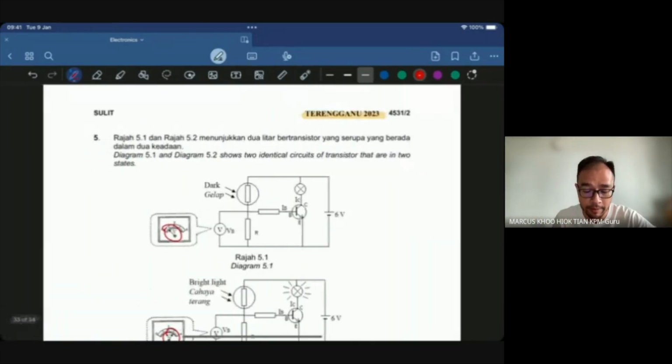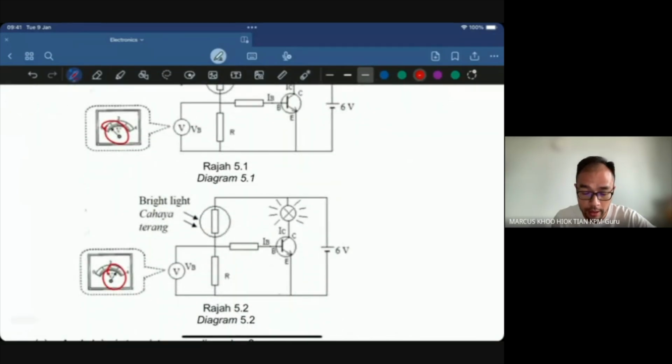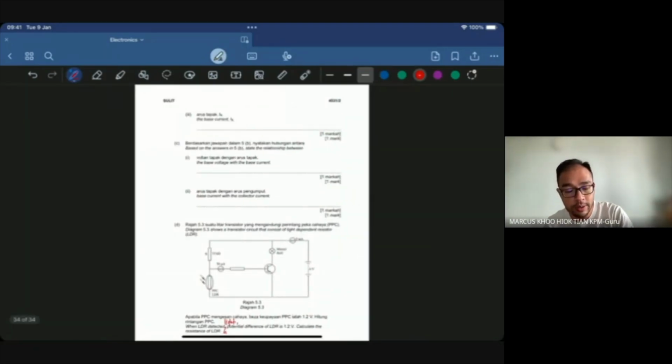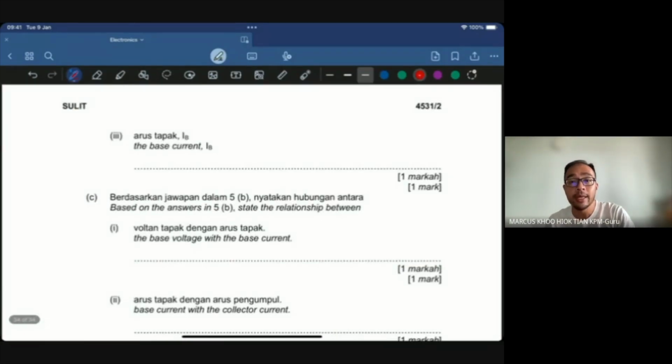Base current. Well, if the bulb doesn't light up, it means the transistor is off. If the transistor is off, it means the base current doesn't flow. So base current in this case, you cannot say one is bigger than the other because one has base current, one has no base current.